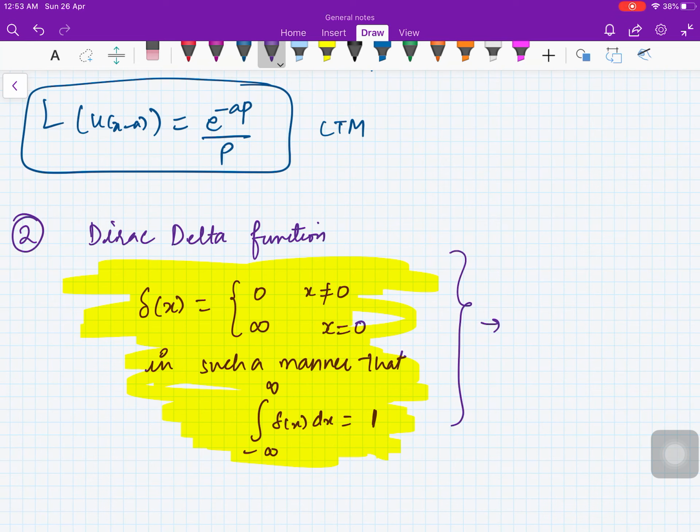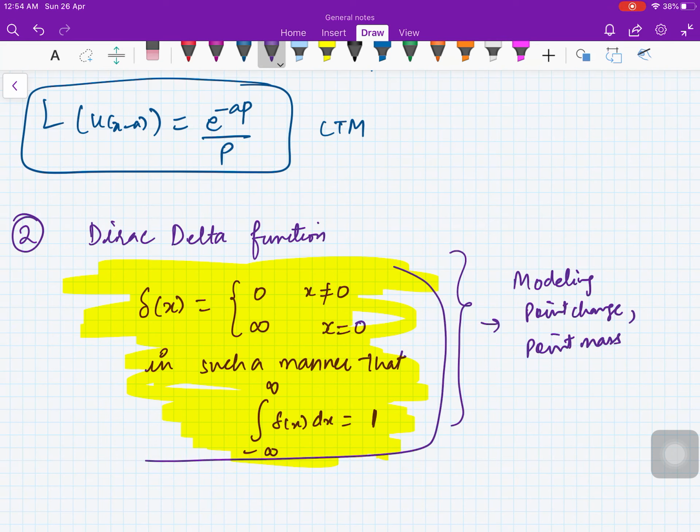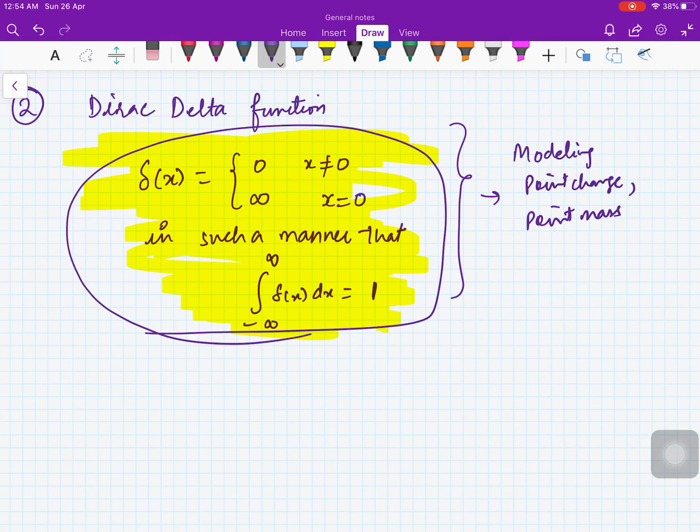Because this function is used to model many situations, like a unit mass or a unit charge, a point mass or point charge, which exists only at one point. This function is useful. Anyways, let us not talk about whether this function exists or not.